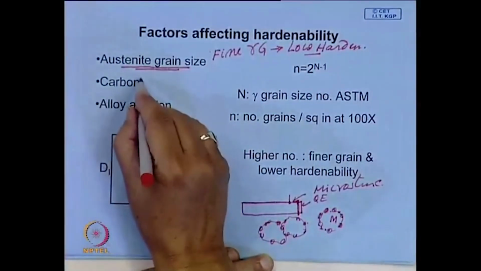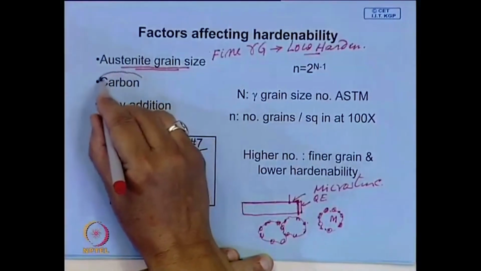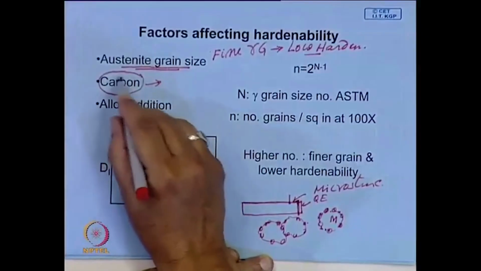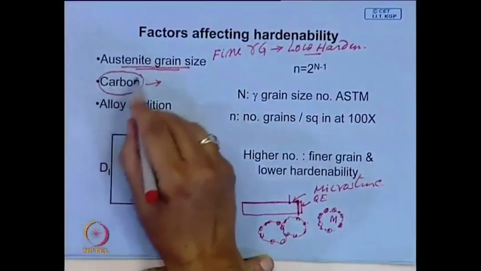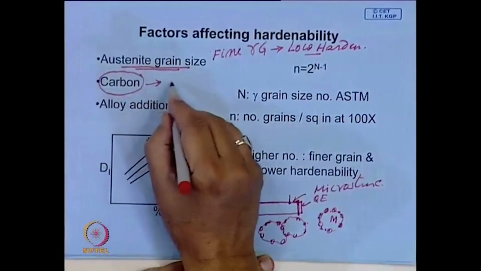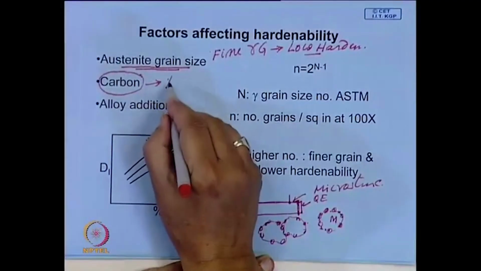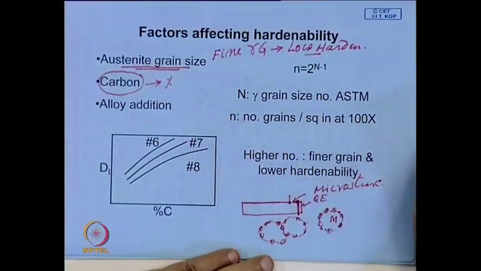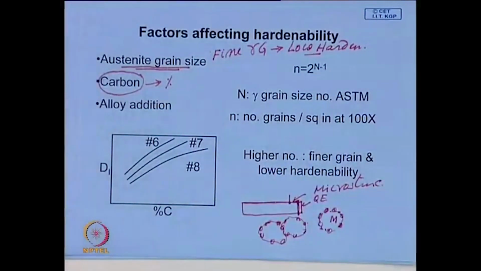Now, another important factor we said is the composition. One of the prime compositional factors is carbon content. If you increase the percentage of carbon in the steel, the hardenability increases. This is quite obvious. If you increase carbon content, as we mentioned time and again, the diffusion controlled transformation becomes slower, and the CCT diagram shifts to the right at the high temperature end.